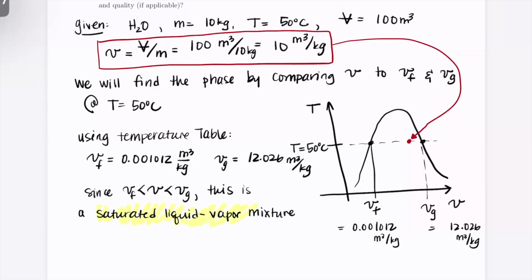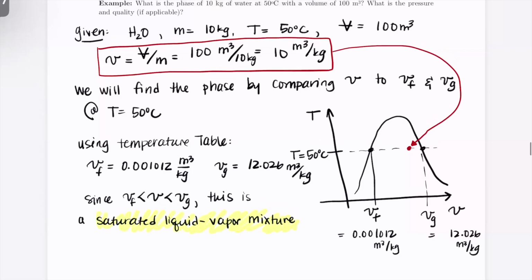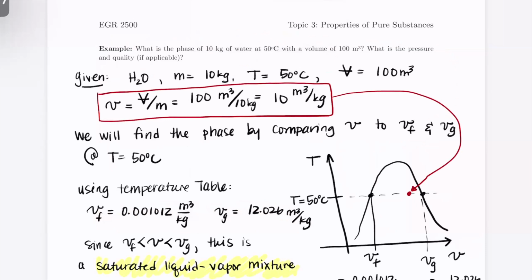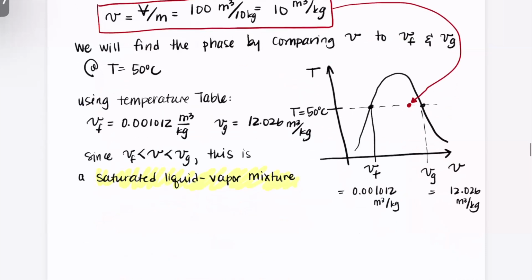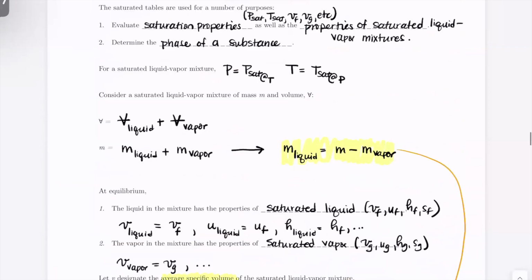Okay. What about the pressure? We want to know what the pressure is. How would we figure that out? I'll remind you, I went over it very quickly.